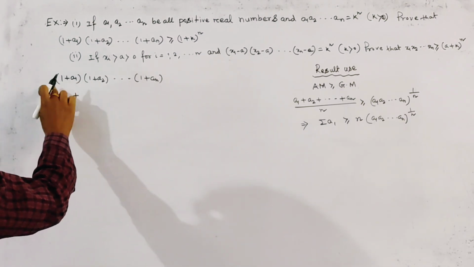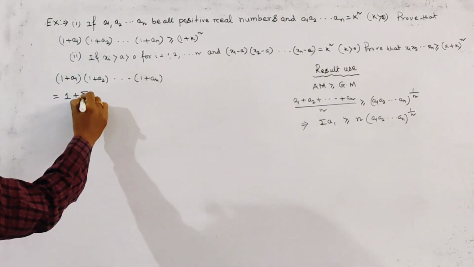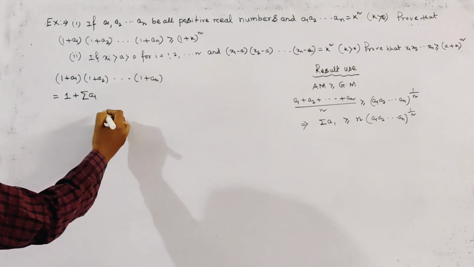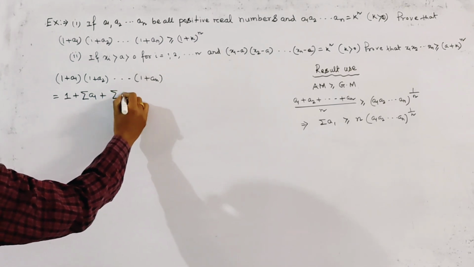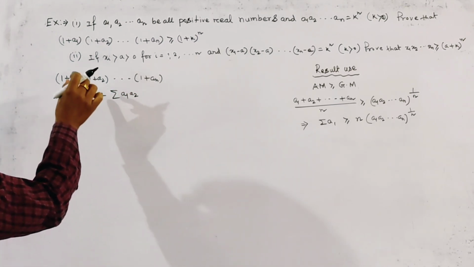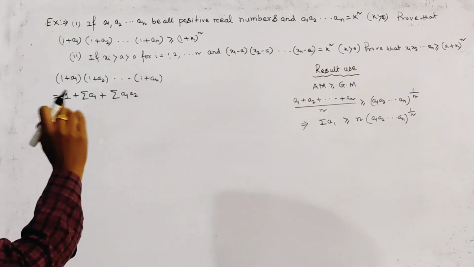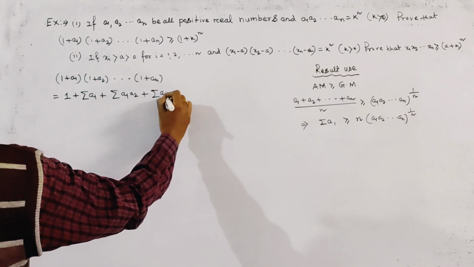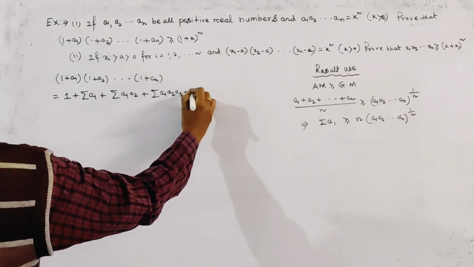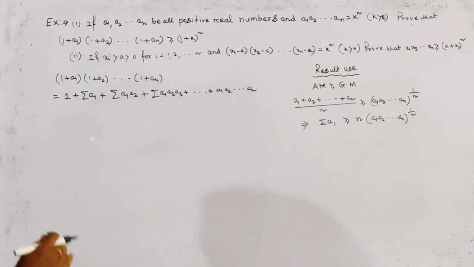If we multiply a2 with n minus 1 number of 1s, then we get a2, and so the second term is summation a1. Now the third term is summation a1 a2, where we take two terms out of n terms, and so on. The fourth term is summation a1 a2 a3, and the last term is a1 a2 to an. This is the product of this expression.